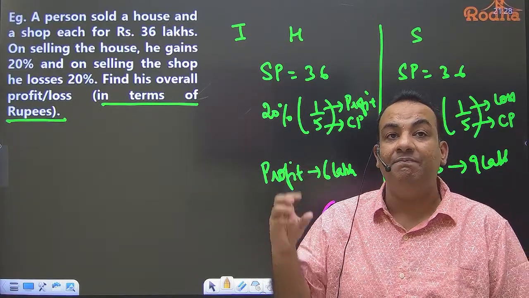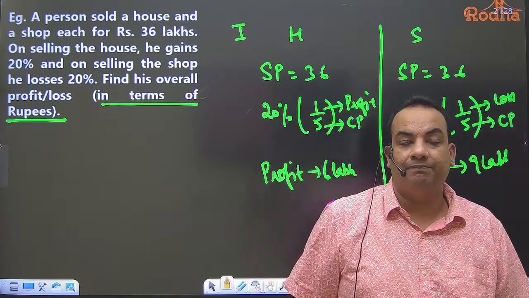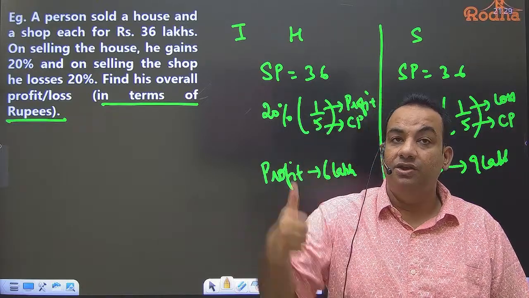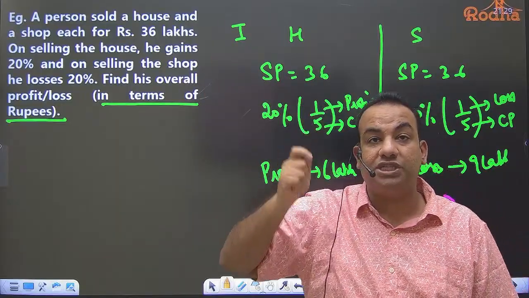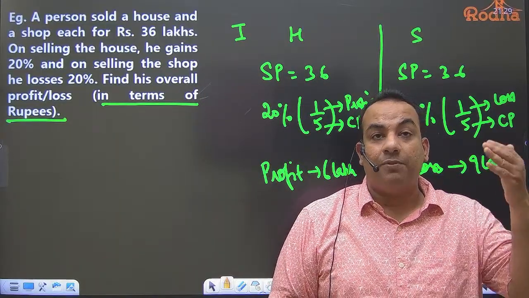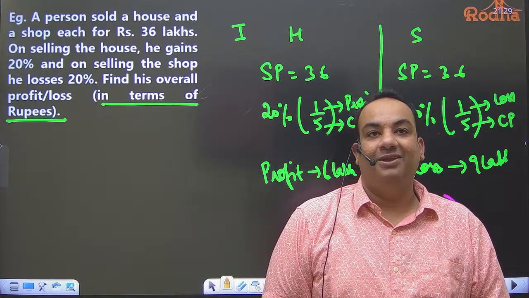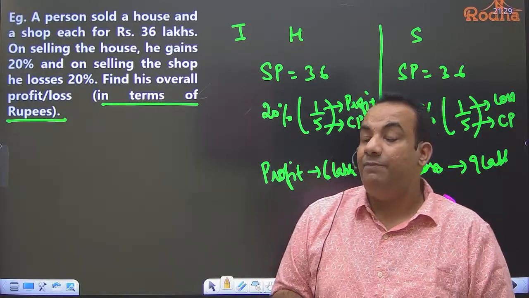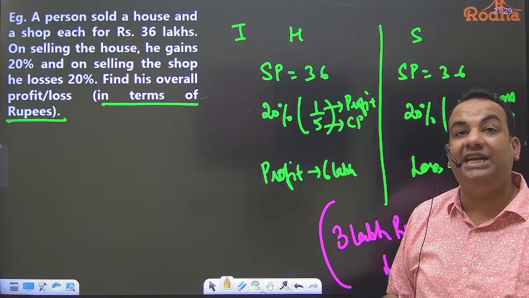What you have done, you have calculated 4% of 36 lakhs. There are two mistakes you have done. First, you have taken 4% of SP. I told you the most important line in profit loss: profit and loss percentages are always calculated on CP. So this is the mistake. Second, you have taken 36 lakhs, but the total transaction is of 72 lakhs.